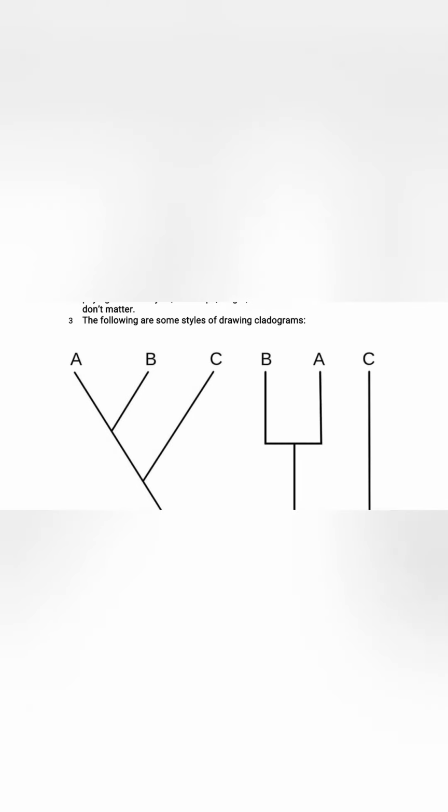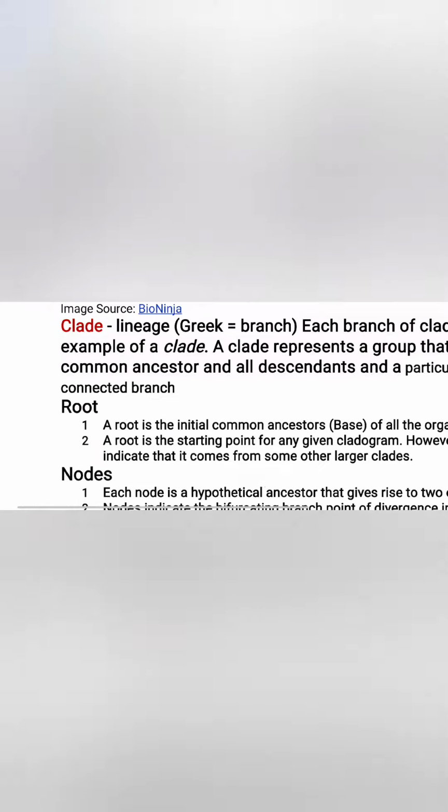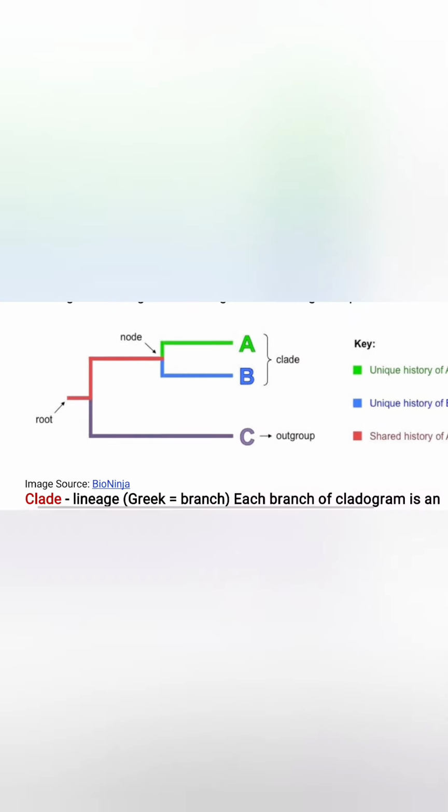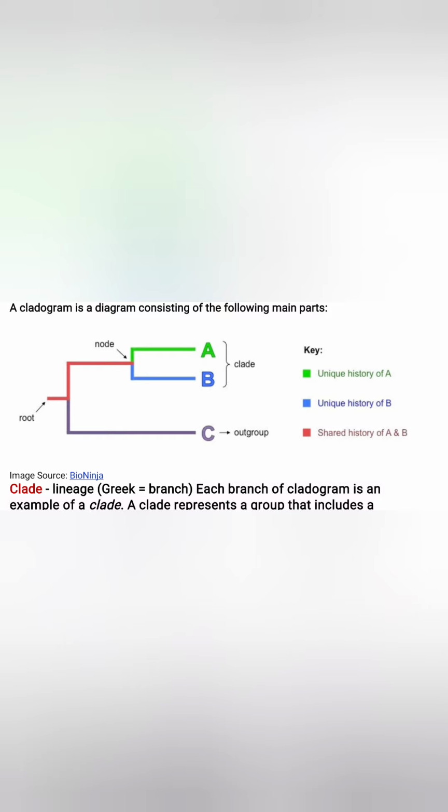So students, this is cladistics. It's an important topic, and this can be asked in unit 12 as well as in unit 1, that is closing and ending, and it is simply a family tree or construction of a family tree on the basis of evolution, and it is totally a hypothetical construction that starts from an ancestor which is represented by a root, and then there are branches which connect all the parts of this cladogram, and there is a node which is the bifurcating point from which these clades appear.